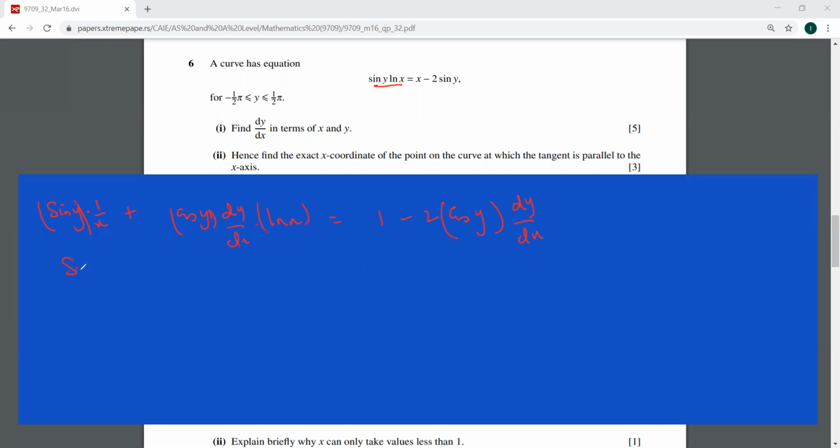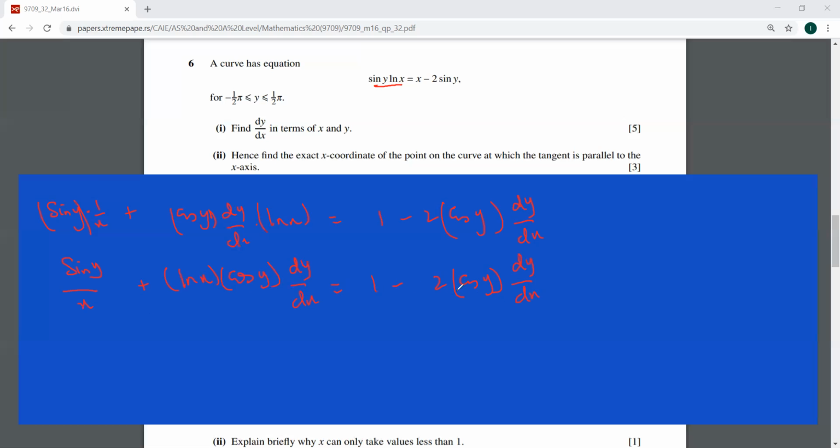So we have sine y over x plus ln x cos y. You must use brackets for this, okay? 1 minus 2 cos y dy by dx.